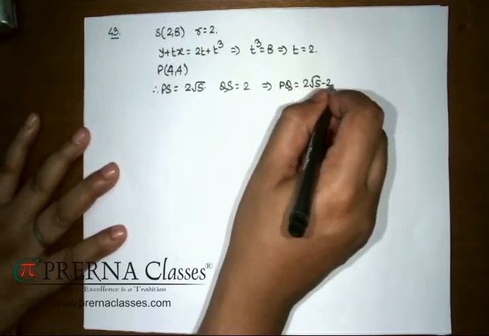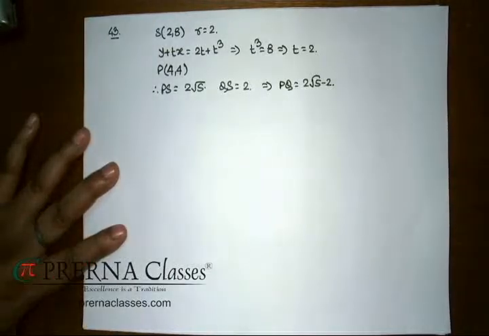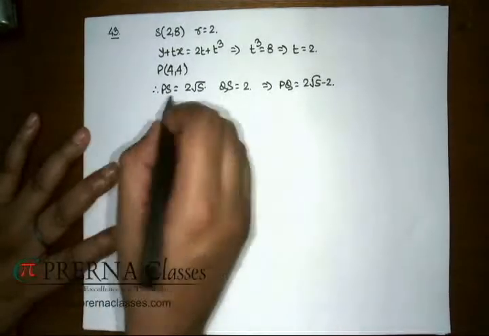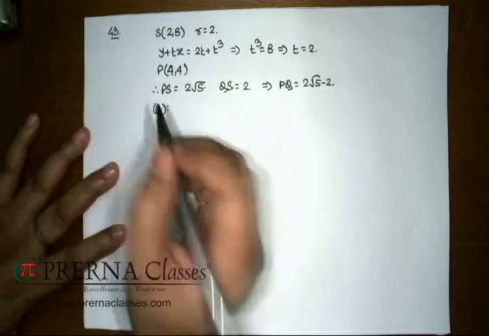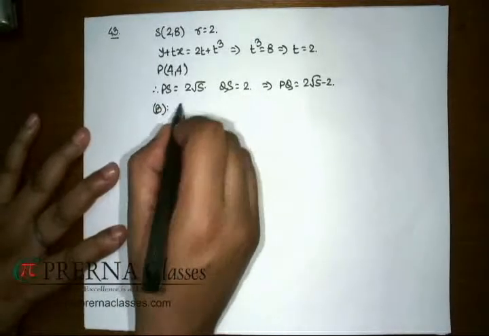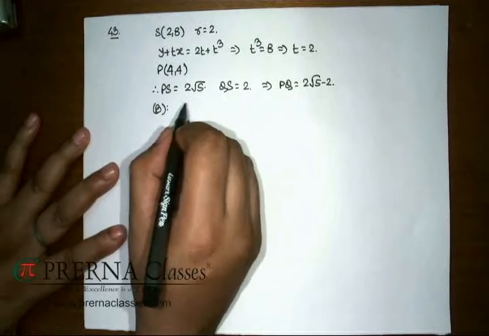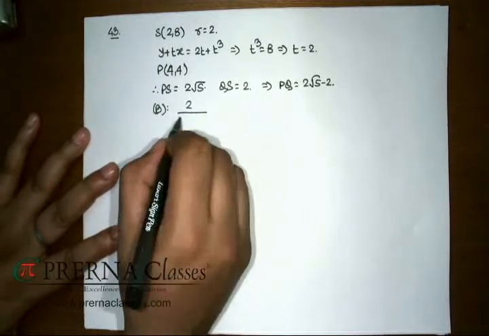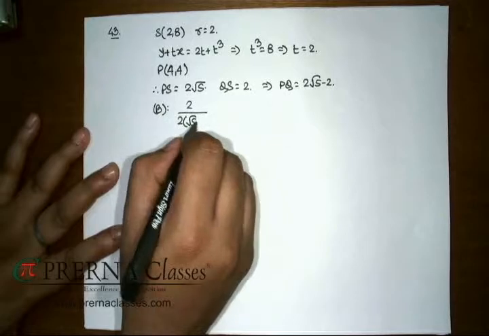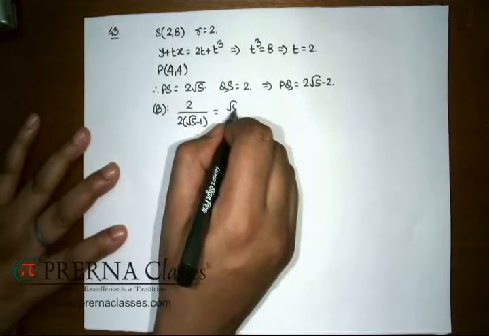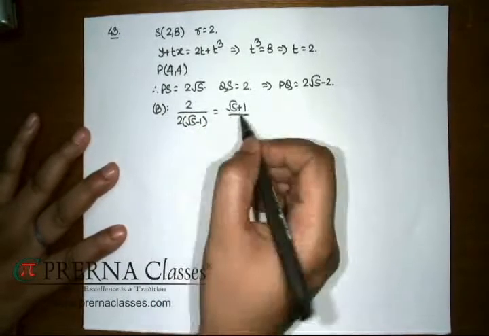Hence you can check that option B is not correct. The ratio is simplifying here too, which is then root 5 plus 1 by 4 after simplifying it.